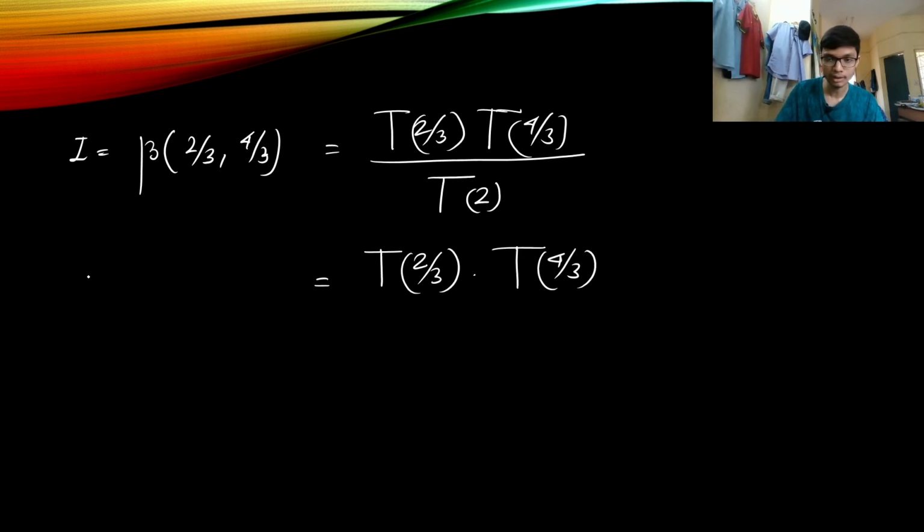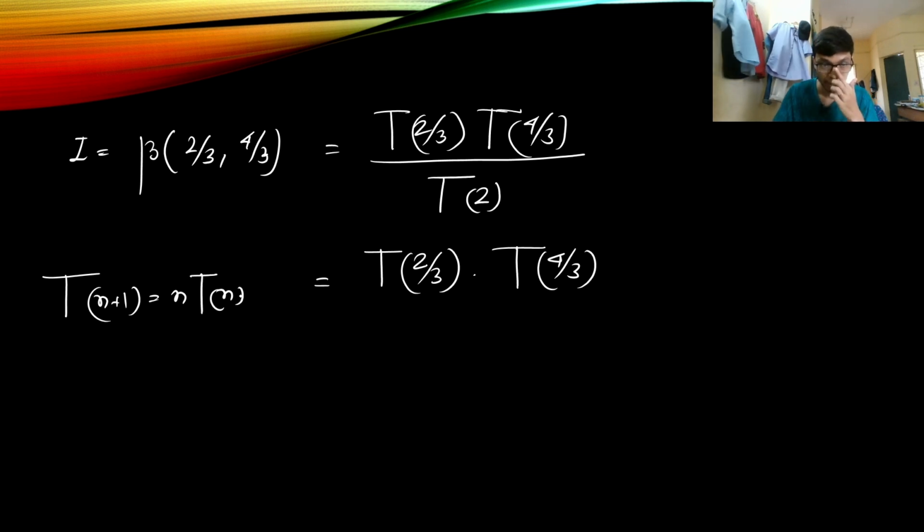Now we already know a very important relation: gamma of n plus 1 is equal to n into gamma of n. This is an important property of the gamma function.